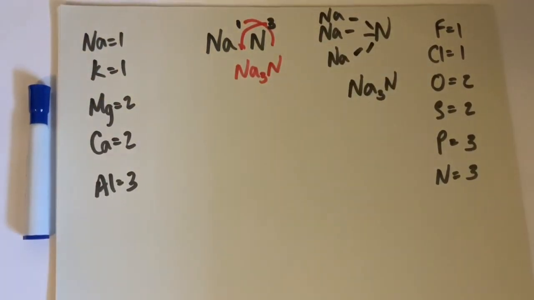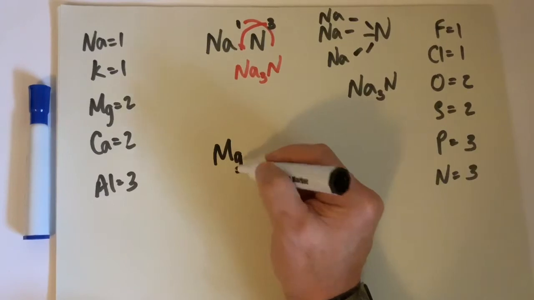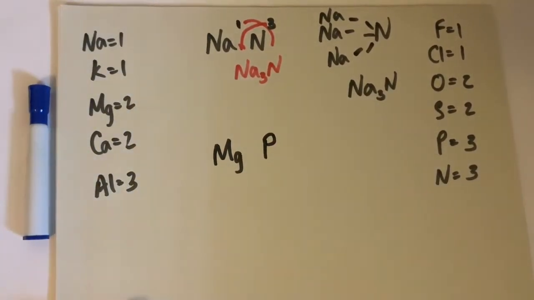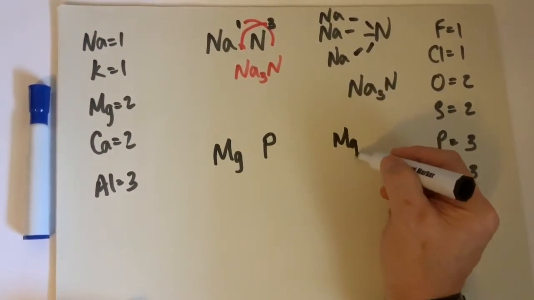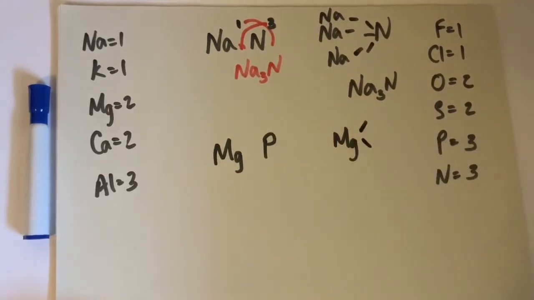Okay, make things a little bit more complicated. So we take magnesium and phosphorus. In this case, we've got magnesium, which has got 2 arms.